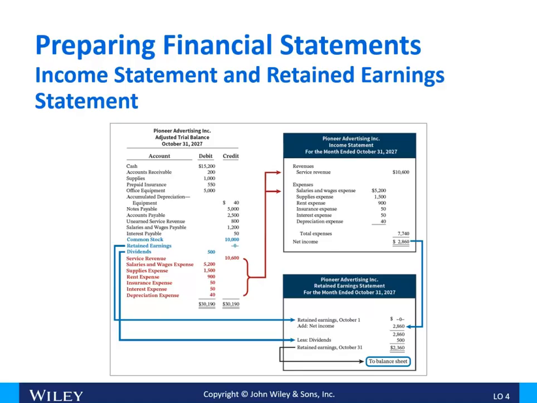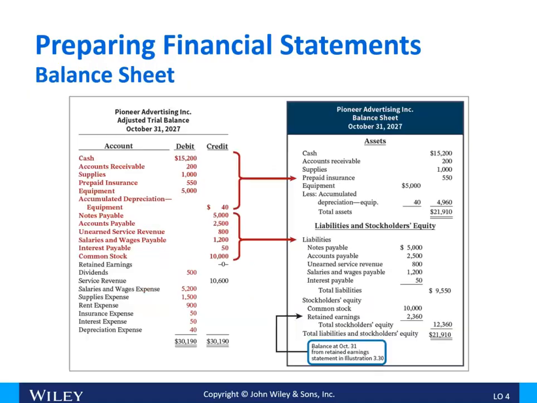We also take the beginning retained earnings from the adjusted trial balance, in this case 0. We add our net income. We subtract our dividends, which we get off the adjusted trial balance, to get our retained earnings on October 31st. We're going to take that over to the balance sheet on the next slide.